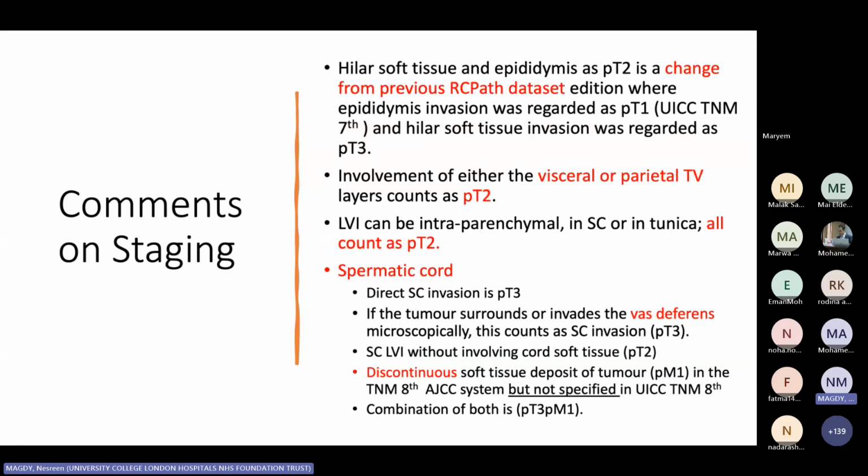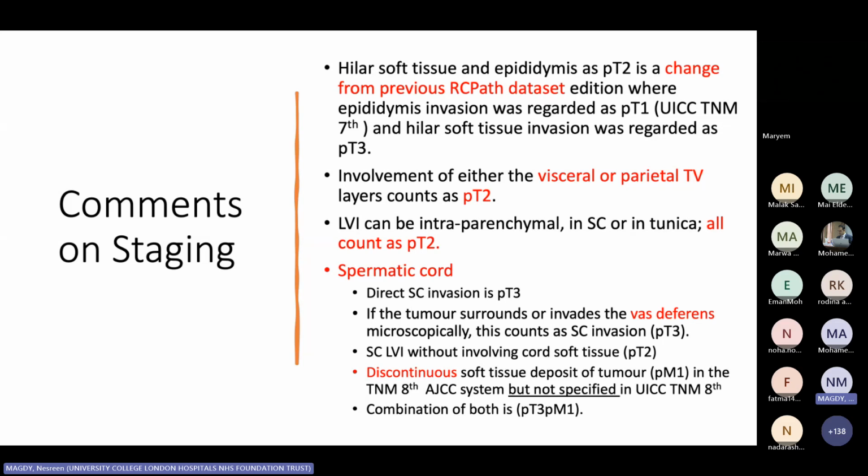For the spermatic cord, it's a bit complex and tricky. Direct invasion of the spermatic cord is stage 3. If the tumor is seen invading or surrounding the vas deferens microscopically, this counts as stage 3, because the vas deferens is part of the spermatic cord. If there is spermatic cord lymphovascular invasion without involvement of the surrounding cord soft tissue, this is stage 2.